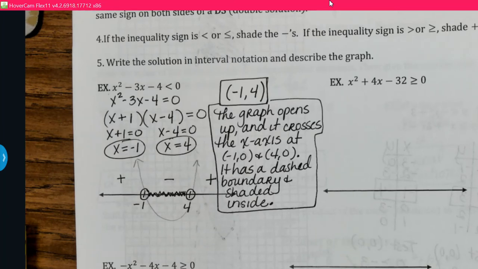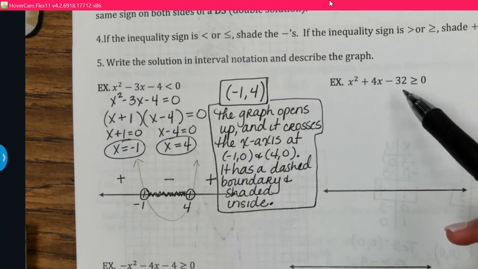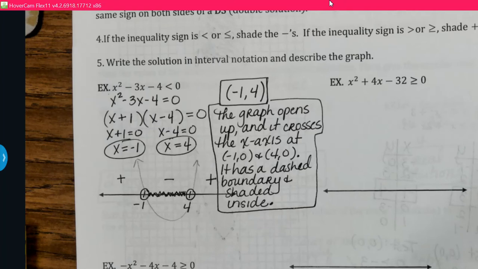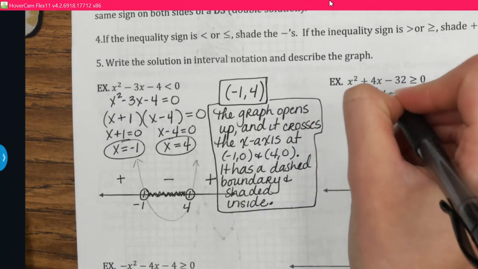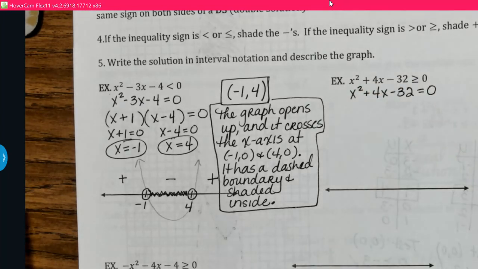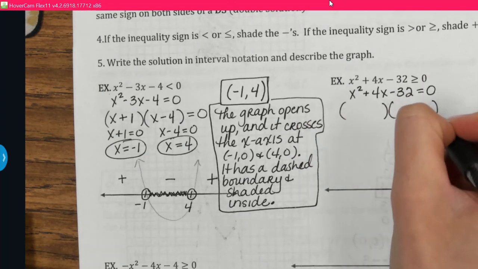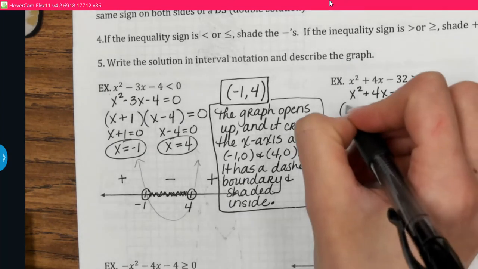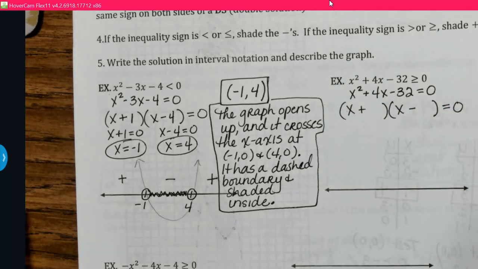So this next problem, x squared plus 4x minus 32 is greater than or equal to 0. I take it and set it equal to 0 so that I can solve it. That 32 is negative. Are they going to be the same or different? Okay, what factors of 32 are going to give me a 4? 8 and 4.